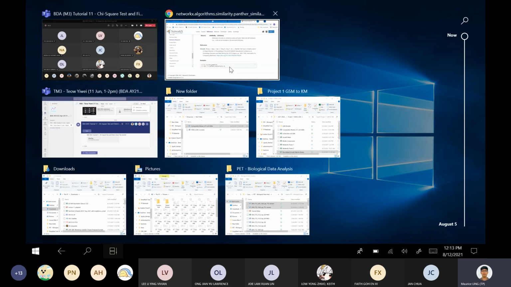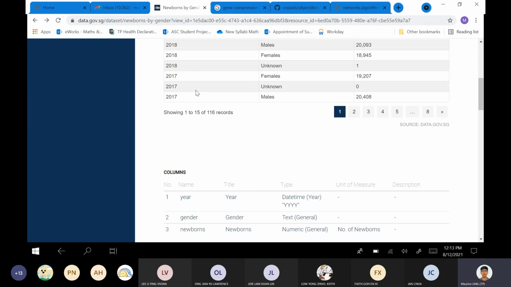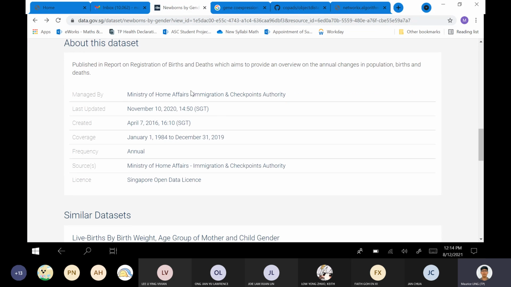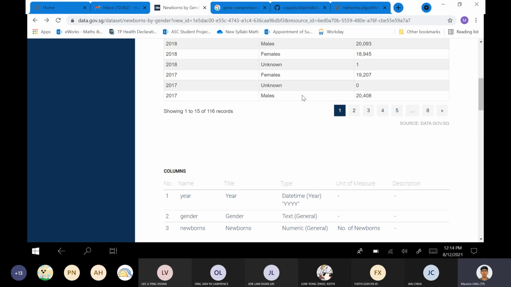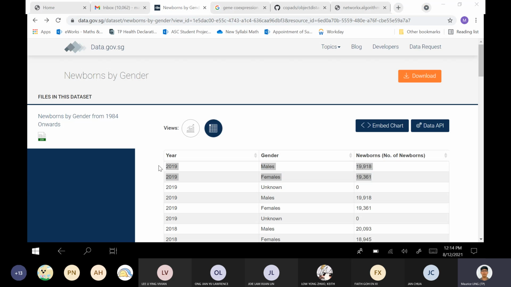Where is this? Okay, so here. So we go to data.gov.sg, which is from the Ministry of Home Affairs, ICA, and then you look for male births and female births. So these are the exact numbers. So let's put it down and see what we get.